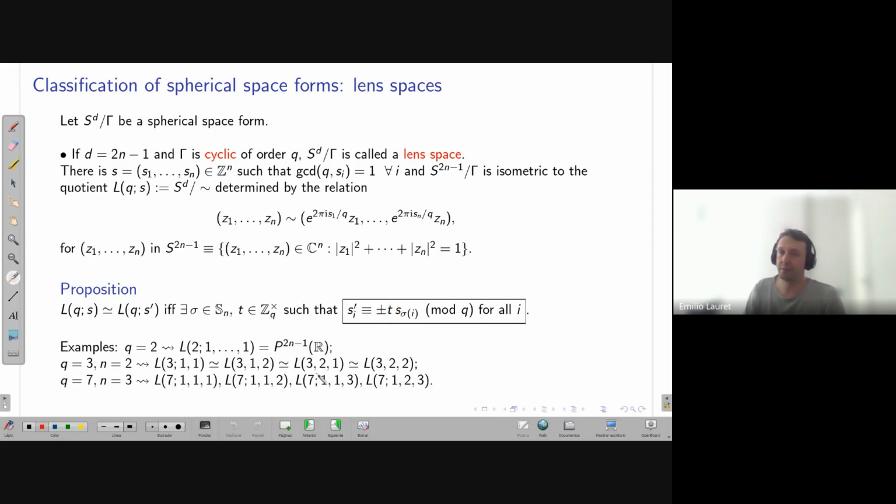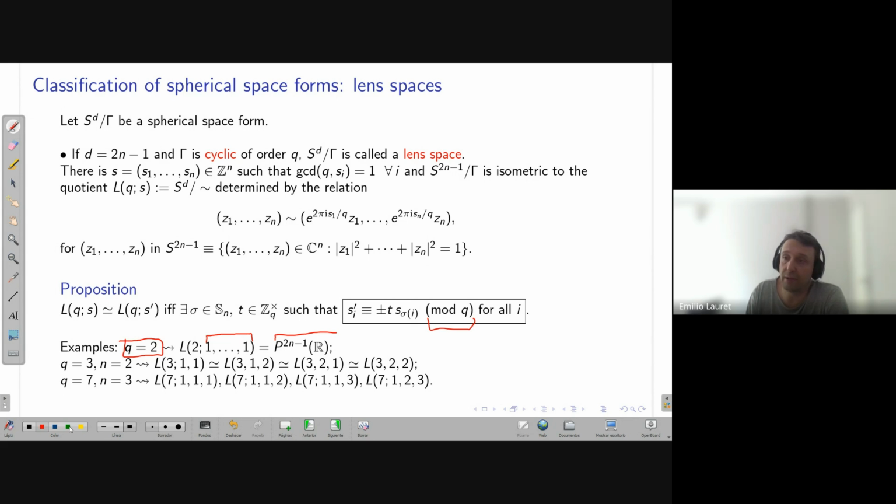For instance, let's play a little bit. Suppose q is equal to 2. Remember this modulo q means it is not necessary to work with high parameters. It is sufficient to work with parameters from 1 to q minus 1, actually. When q is 2, 1 is the only parameter, so you have only one lens space, and actually this lens space is the projective space.